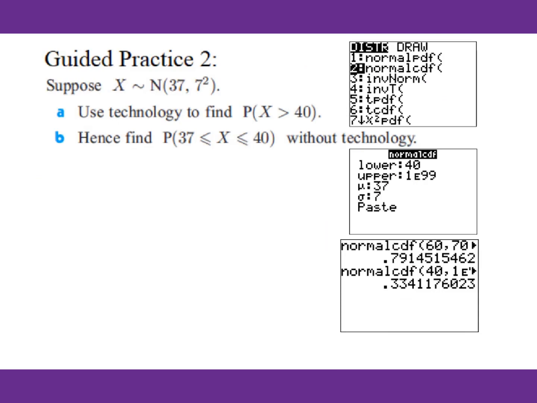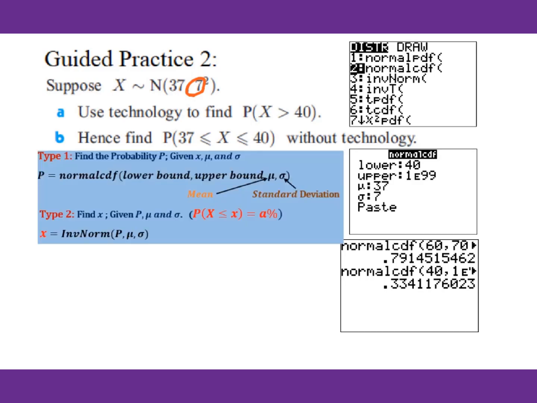Let's go to guided practice 2. Suppose X is normally distributed with a mean of 37 and a standard deviation of 7. Use technology to find the probability of X greater than 40.